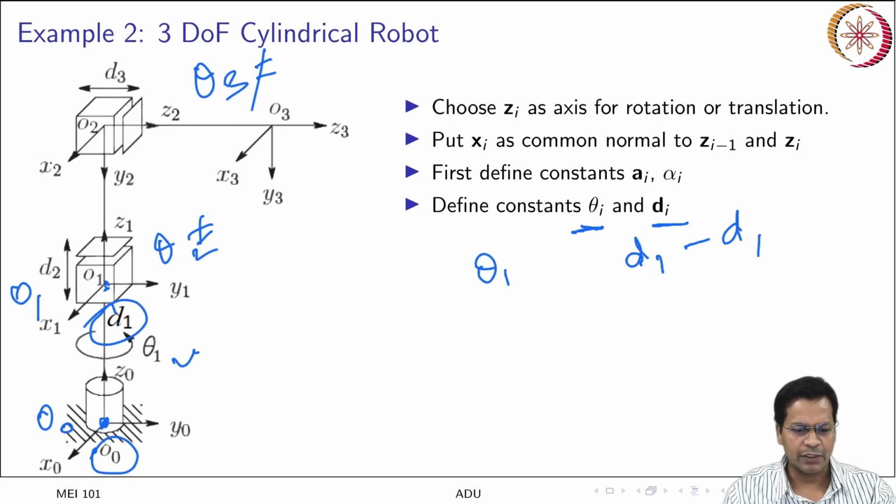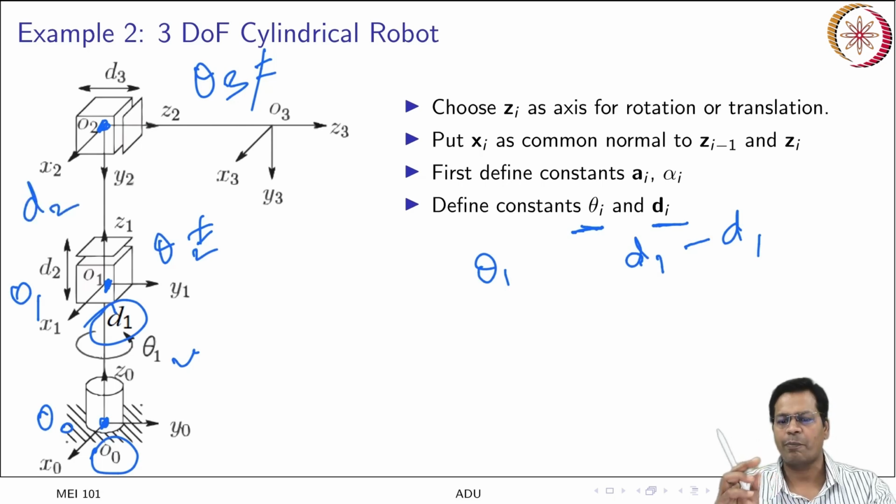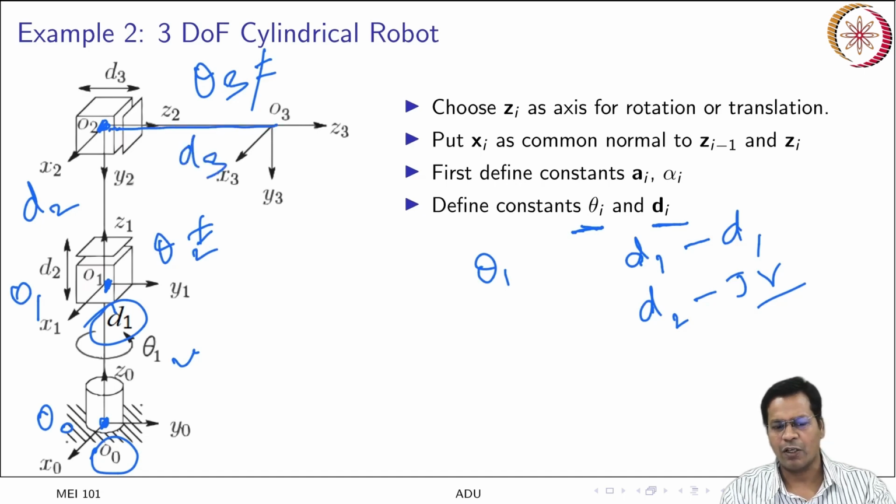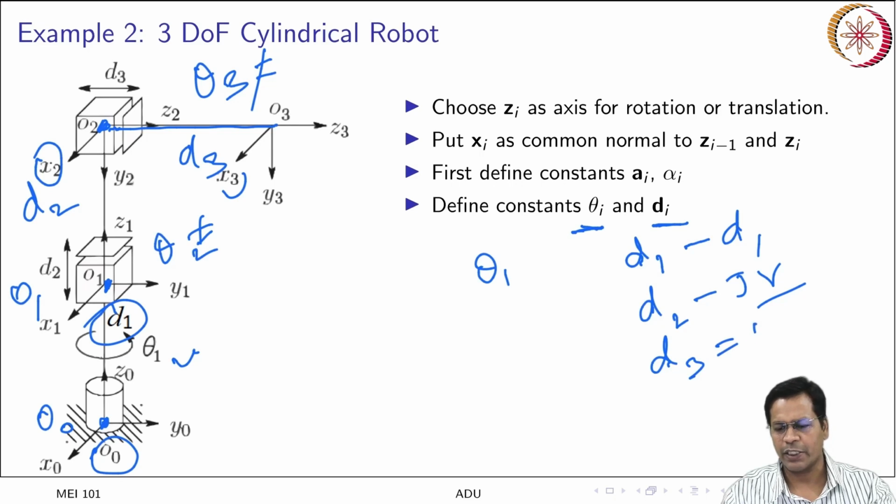It is again the distance measured along Z. So d2 is here, but because it is a prismatic joint, d2 is a joint variable. Now this one is your d3, measured along Z2 between two x axes. So d3 is again a prismatic joint, so it is a joint variable. Got it? So these are the parameters.